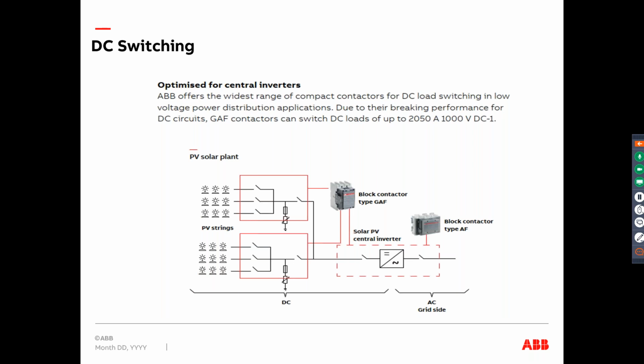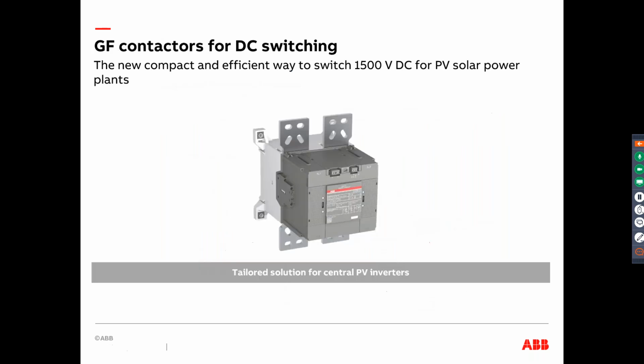If there is no high inrush, because most of the time ramping up and ramping down is done by the inverter, why would you go for a DC3 rated contactor? It is always DC1. All over the globe they use the same category and don't change it. So yes, we have GAF contactors, especially for DC switching in solar applications.